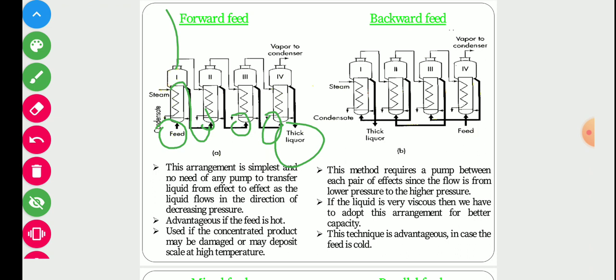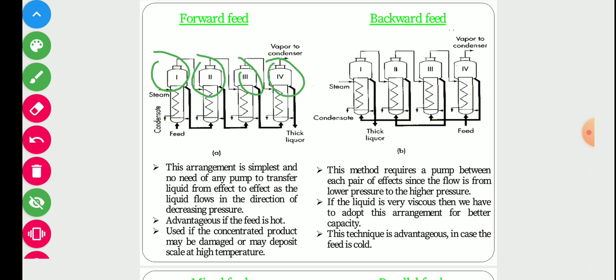Now the pressure of these units is in decreasing mode, meaning here pressure is highest. Here we have vacuum, more vacuum, and more vacuum. So the pressure in subsequent units decreases, and the movement of the fluid is automatic, and we do not require any external force for the movement of the fluid.